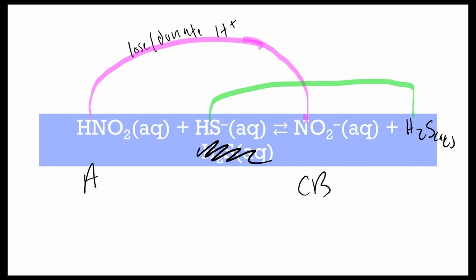And then to follow the green path, in order to get from HS minus to H2S, you have to gain or accept an H+. And if you have the capability of accepting, that makes you a base. And that makes what you look like after you've actually accepted it a conjugate acid.